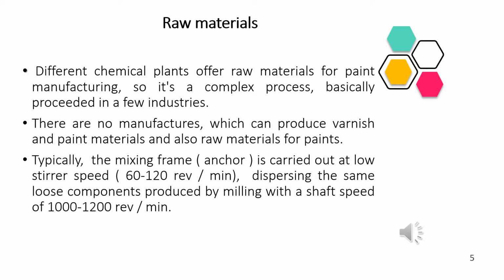Typically, the mixing frame anchor is carried out at low stirrer speed, 60 to 120 revolutions per minute, dispersing the loose components produced by milling with a shaft speed of 1000 to 1200 revolutions per minute. So, to produce the raw material for paints, a mixing frame anchor is required.